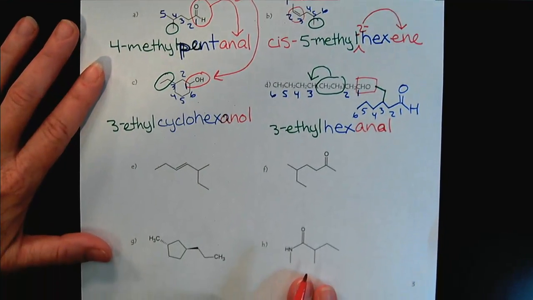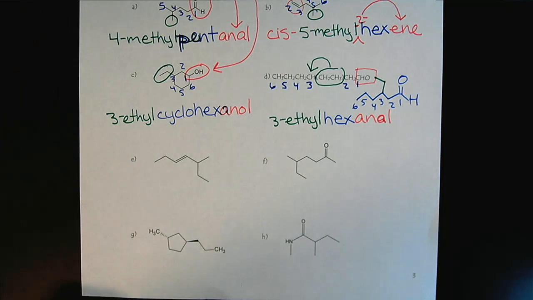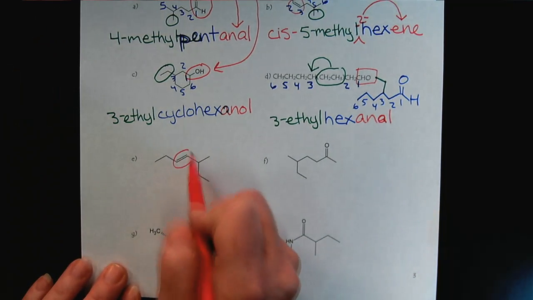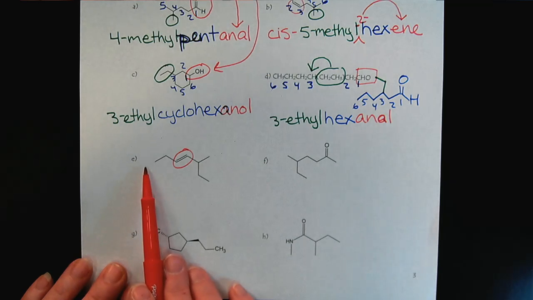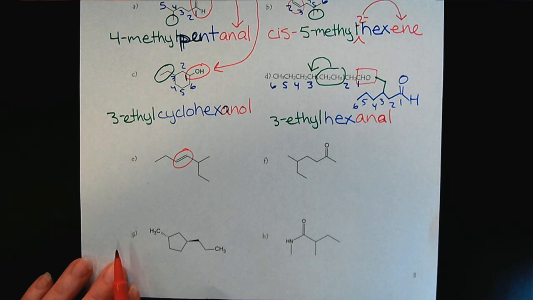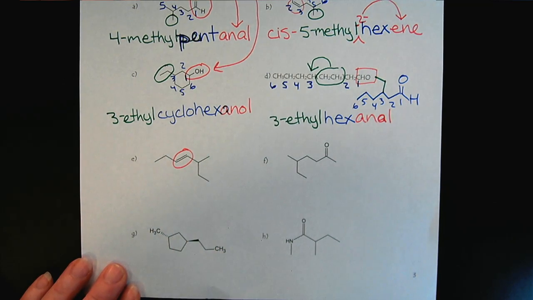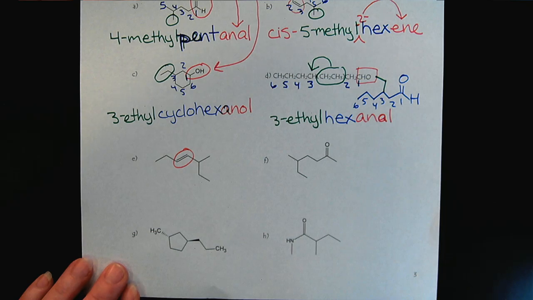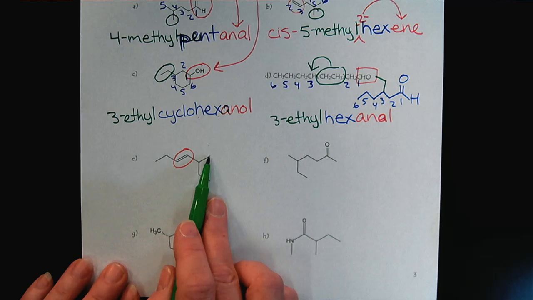Alrighty, let's forge ahead here. So now we see our double bond, and in this case, if we number left to right, 1, 2, 3. If we number right to left, 1, 2, 3. So we have a tie. When we have a tie, our tiebreaker is, for example, oh, but that wasn't the longest chain. I almost fooled myself, right?